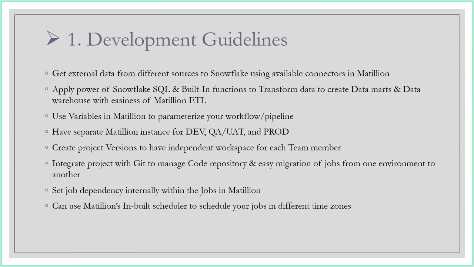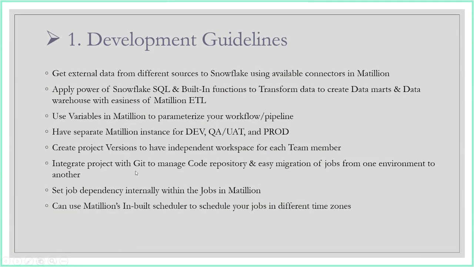Okay, then create project versions to have independent workspace for each team member, right? So if there are multiple team members and all are working on the same project, we can have multiple versions within the same project, right? Then integrate your project with Git to manage your code repository and migrating your jobs from one environment to another environment.